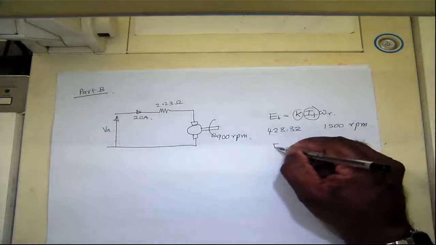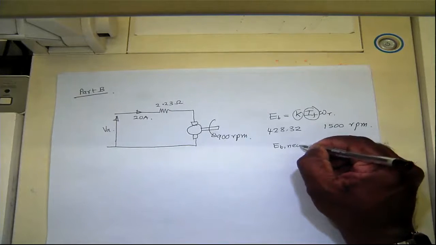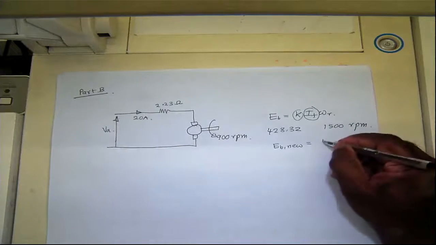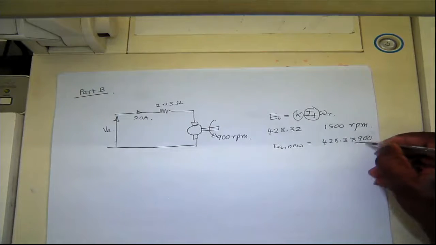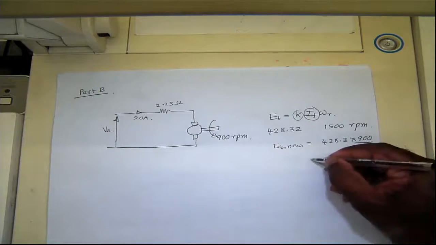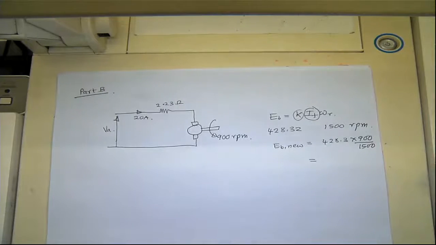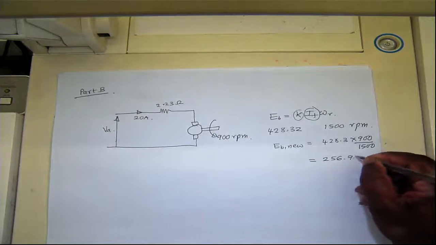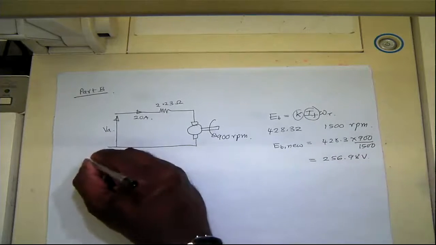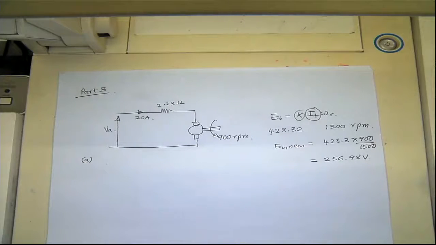So the new EB will be 428.3 times 900 over 1500. This is the new back EMF, which is 256.98 volts. So that's for part A.